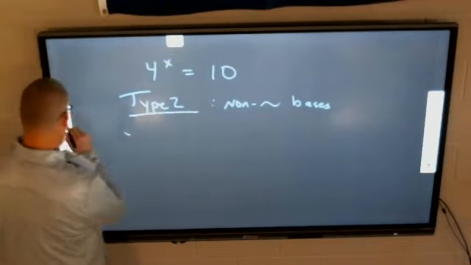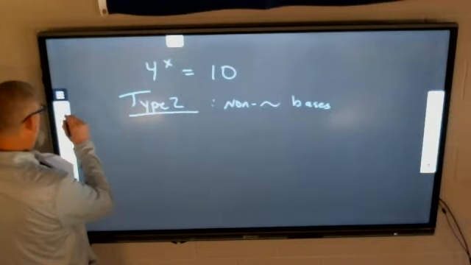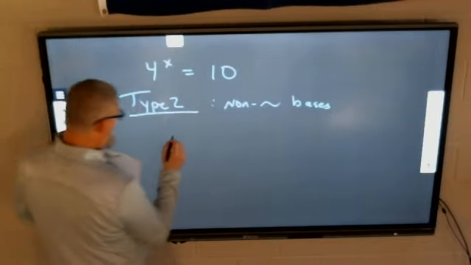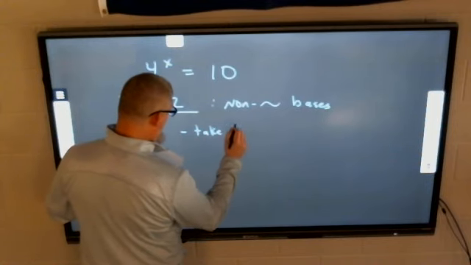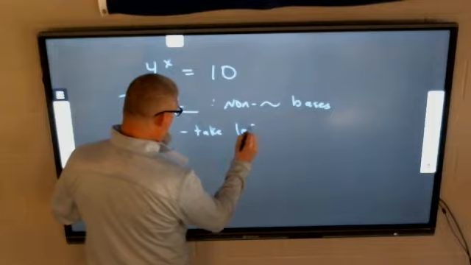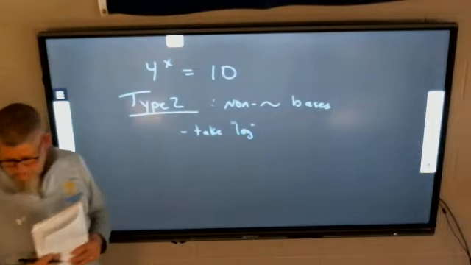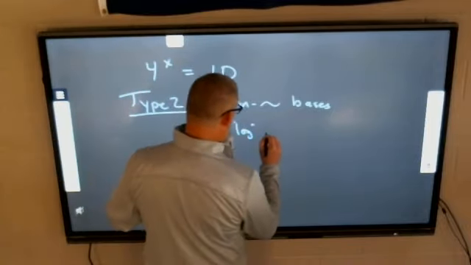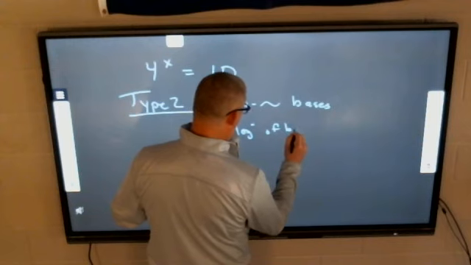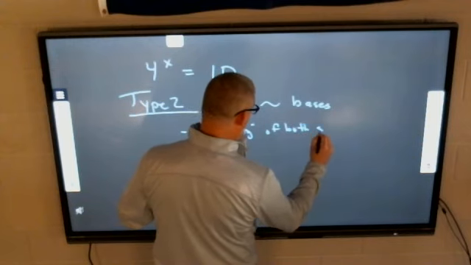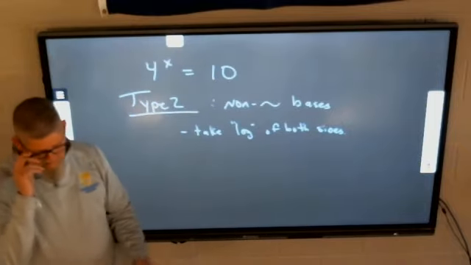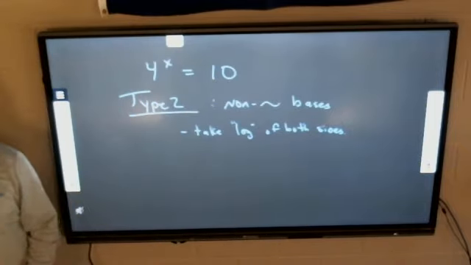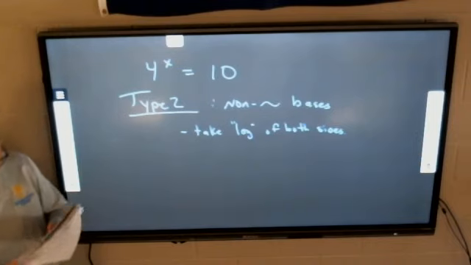Number 1. We want to take the log, and we haven't done that in class yet, so I'm going to teach something new. We're going to take the log of both sides. Just like you would add the same thing to both sides or subtract the same thing from both sides, we can take the log of both sides.